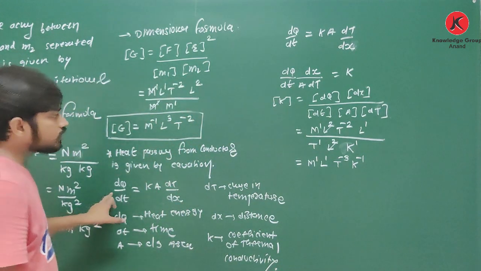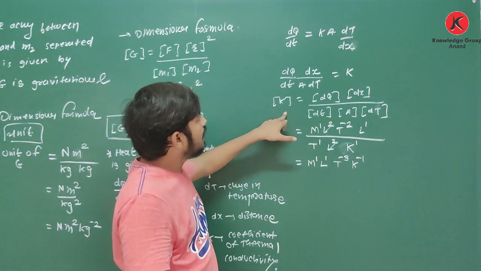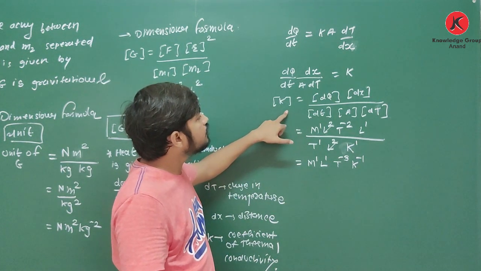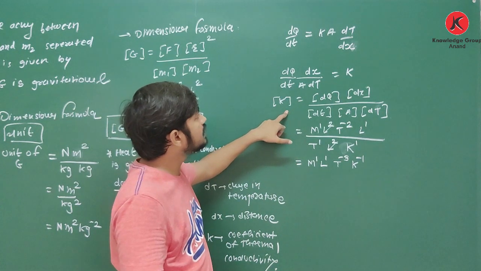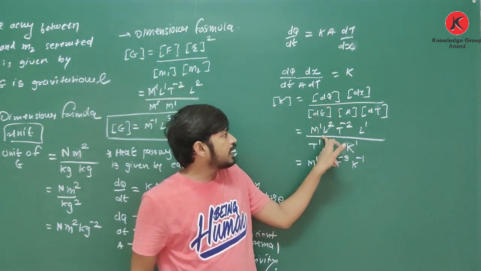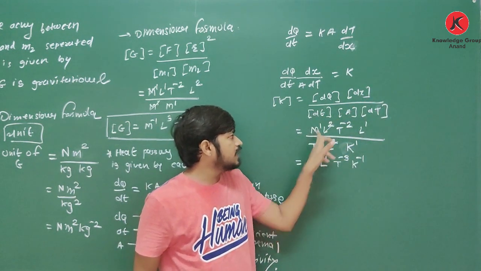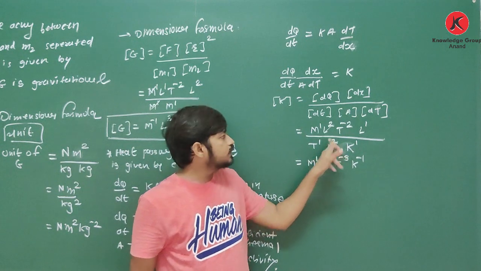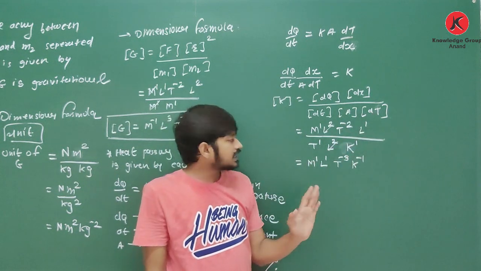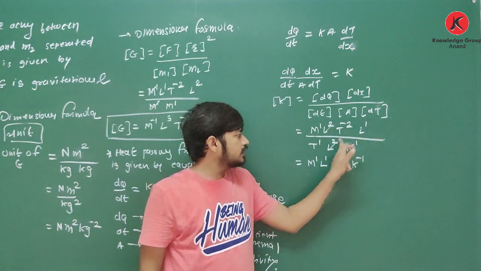Again, you are given this equation. You have to first of all make this K the subject. Then K is equal to dQ dx upon dt A dT. dQ is energy, M L2 T minus 2. dx is distance, so it is L1. dt is time, A is area L2, and dT is temperature, that is K. So M only one term, that is M1, L2, L1 and L2.